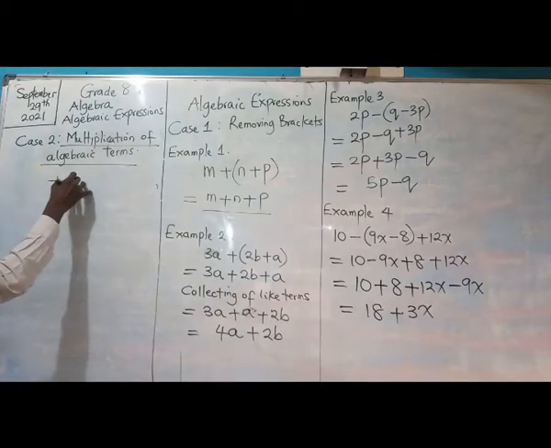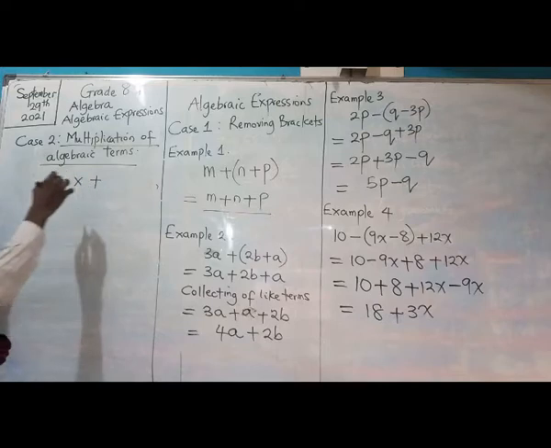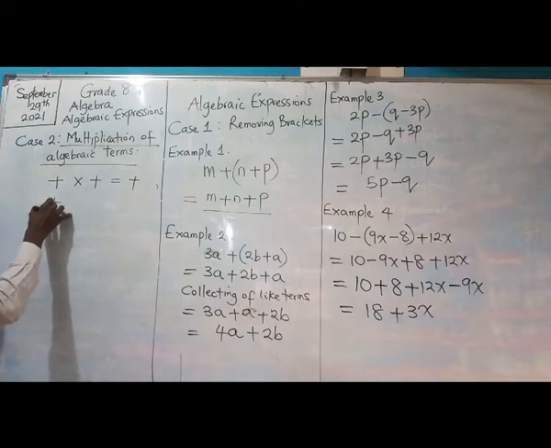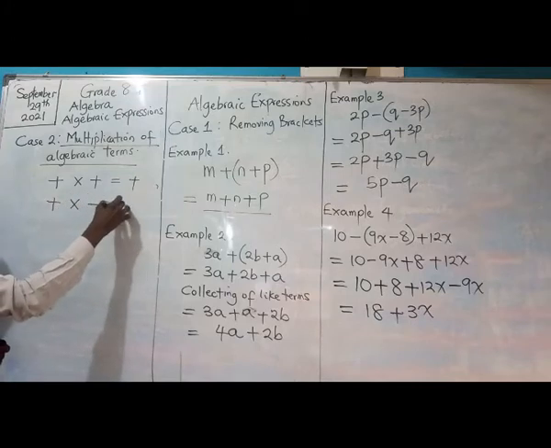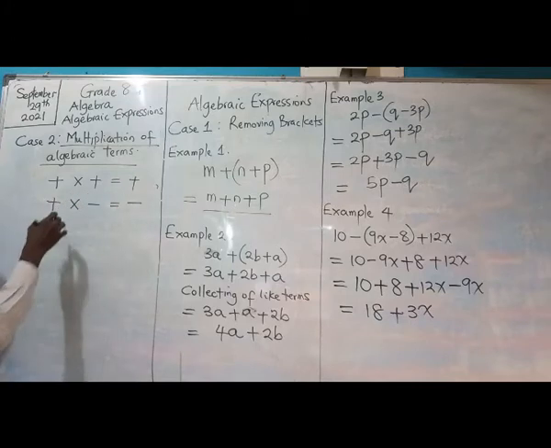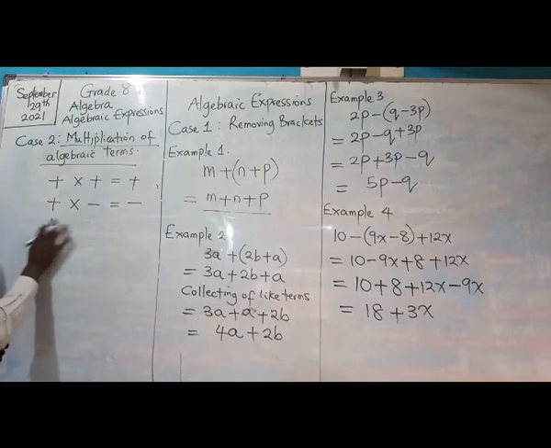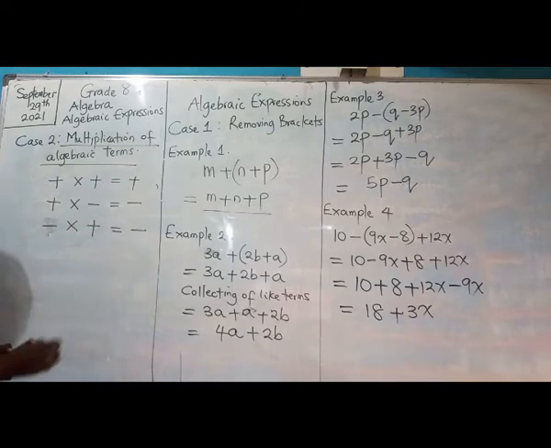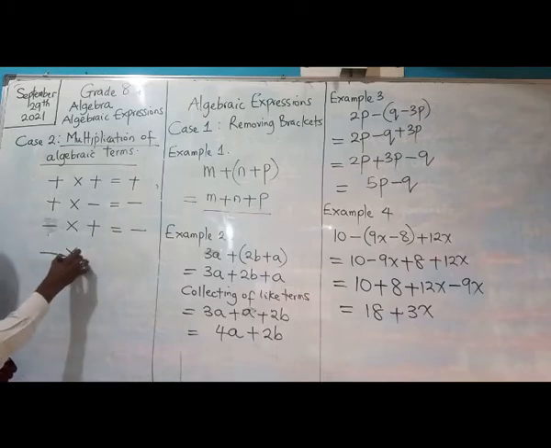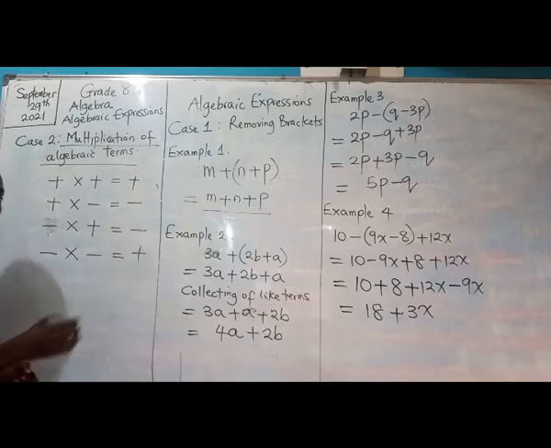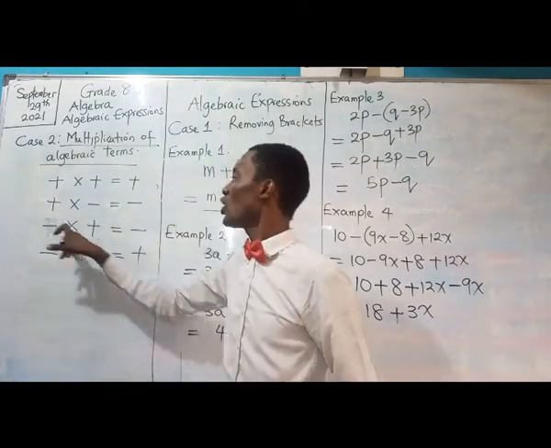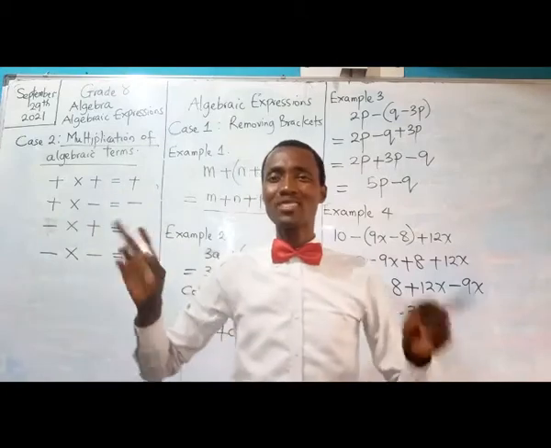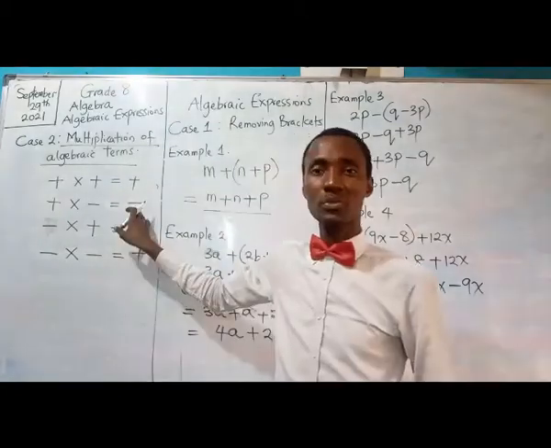If I have a positive and I multiply another positive, I will get a positive. If I have a positive and I multiply by a negative, I'm going to get a negative. If I have a negative and I multiply by a positive, I'm going to get a negative. If I have a negative and I multiply by a negative, I'm going to get what? A positive. So what you see here is this. The order in which the positive and the negative occur has nothing to do with the final result.